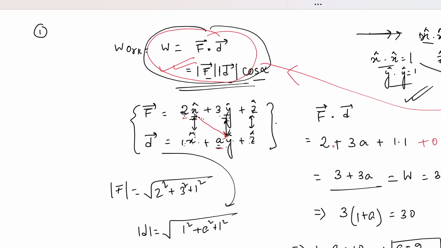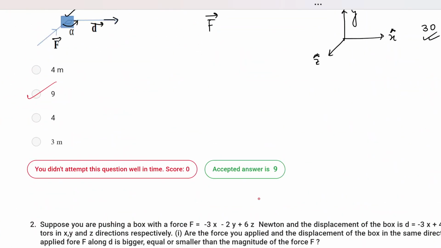When you are first introduced to the dot product idea, you are introduced with this kind of thing. Then as you go on, you will try to find out the simplest approach possible. So this is the fundamental equation, and whatever we are doing is a derivation from there. Okay, ma'am. Okay. Thank you.